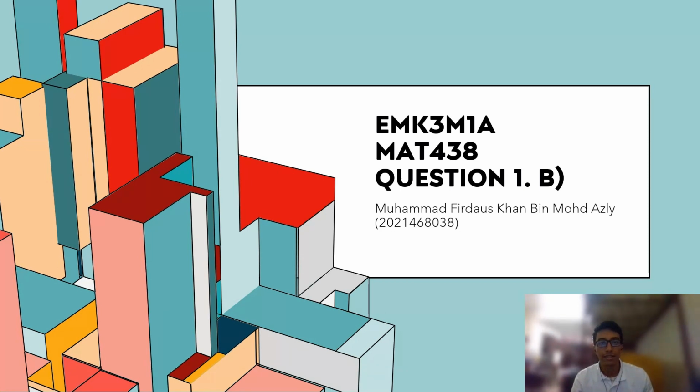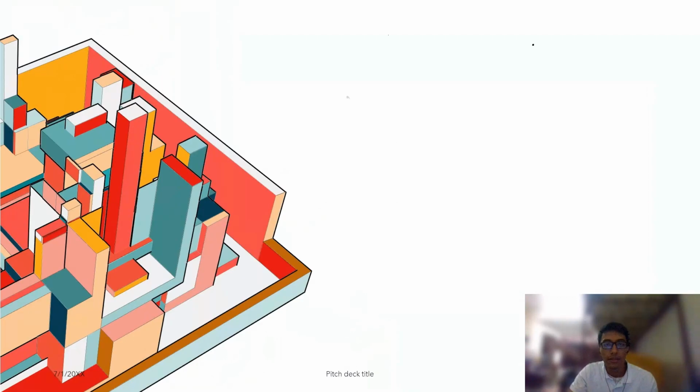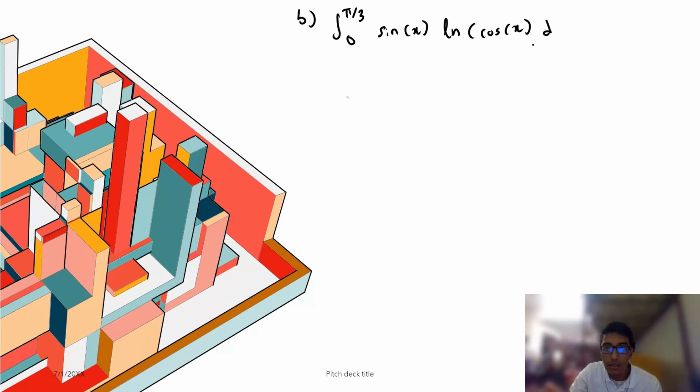For this group assignment, the question that I got is question 1B. The question is the integral from 0 to pi over 3 of sin x ln cos x dx.